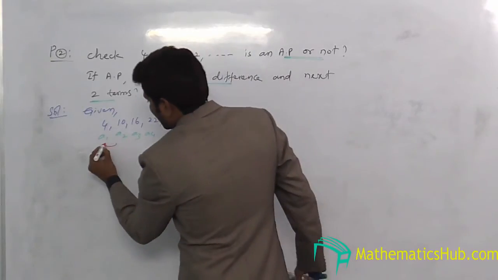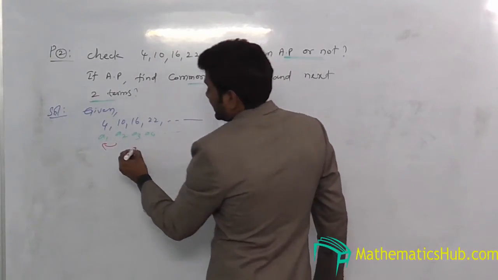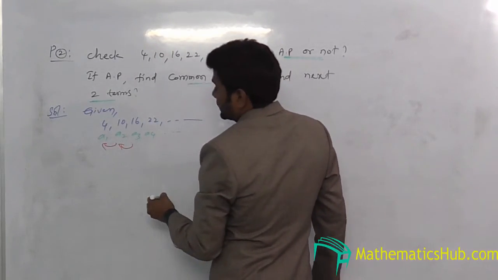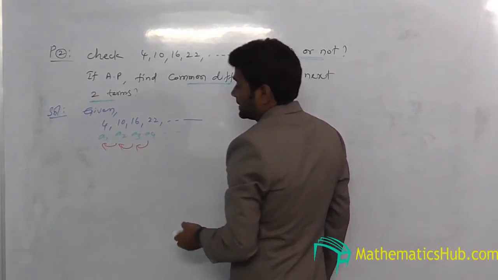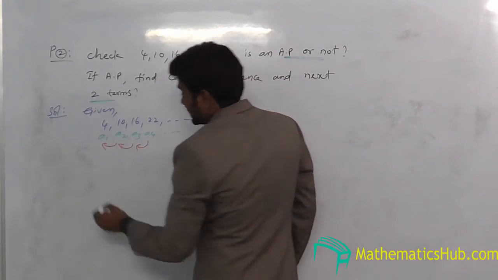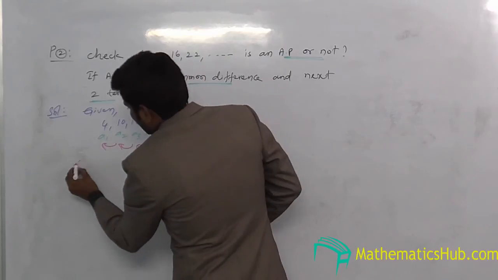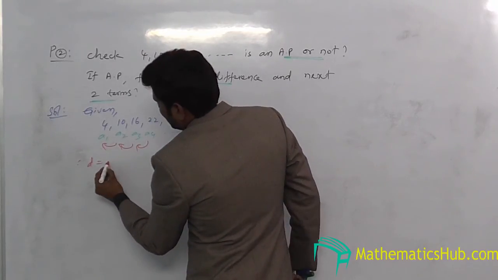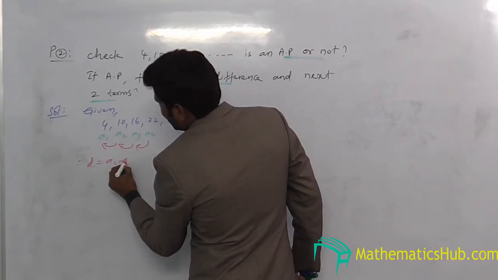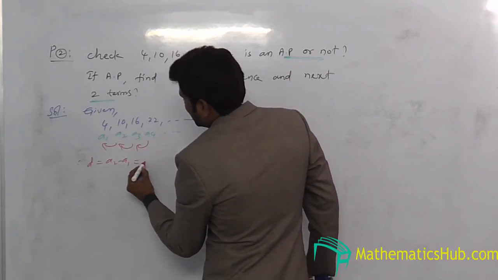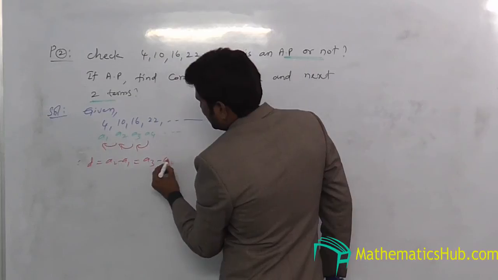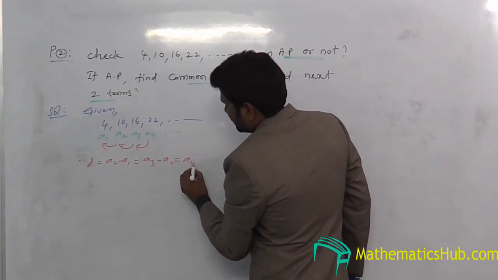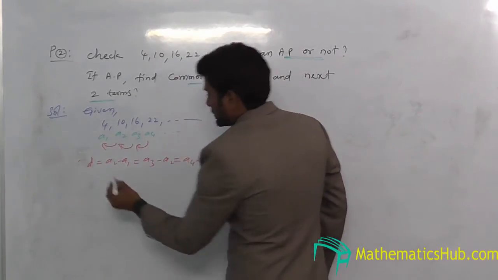That is, A2 minus A1 should equal A3 minus A2, which should equal A4 minus A3. Therefore, let us find D equals A2 minus A1, which equals A3 minus A2, which equals A4 minus A3.